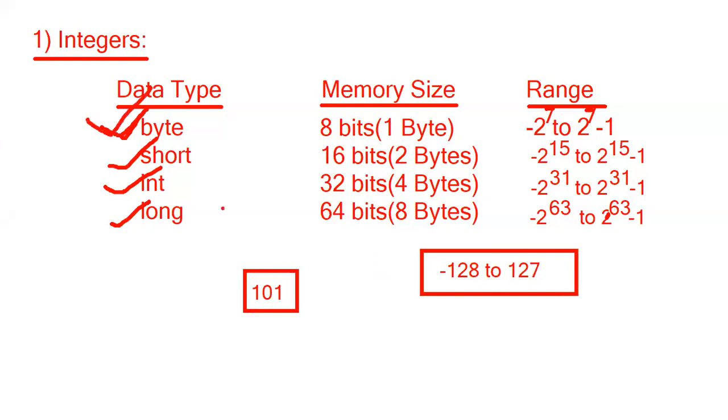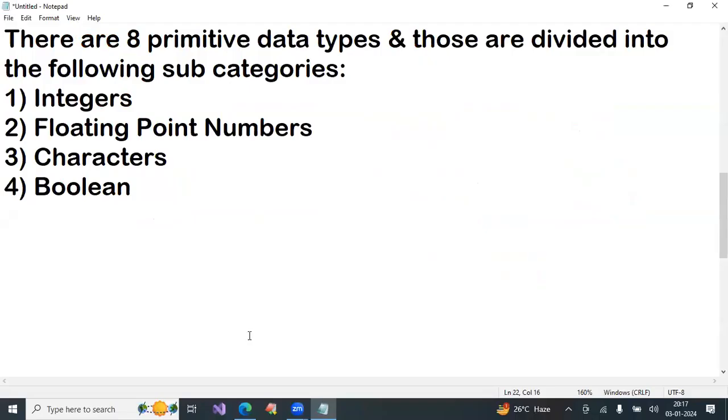Out of this range, use short. Out of this range, use int. Out of this range, use long. Like that, you have to select. So if the number is minus 128 to plus 127, use byte.